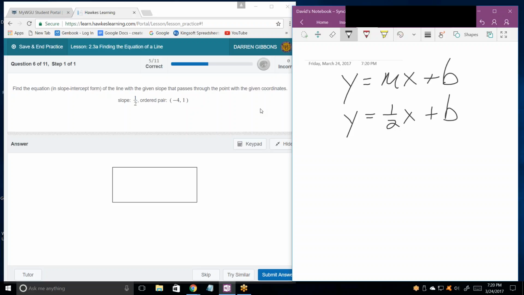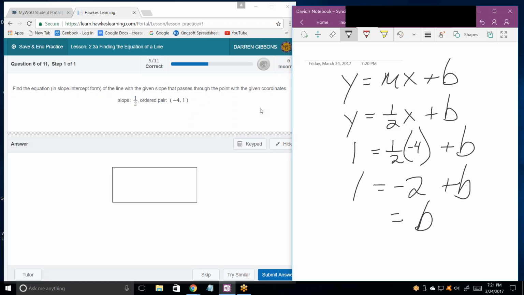It would be 1 equals 1/2 times -4 plus b. And that leaves me with an equation that only has one variable, so I'm always going to be able to solve that. b equals 3. So y equals 1/2 x plus 3.